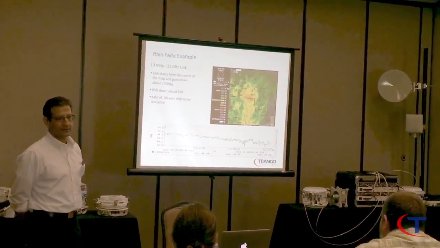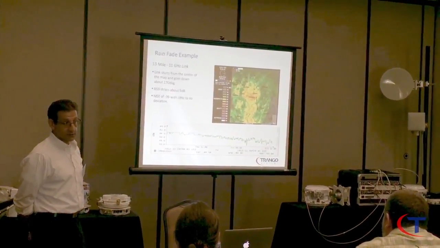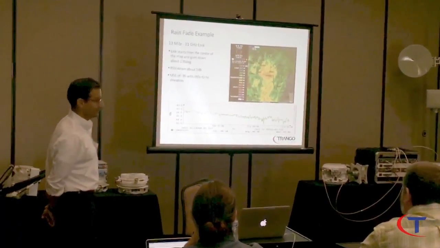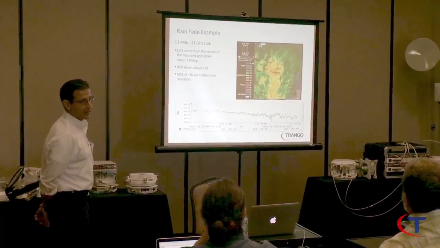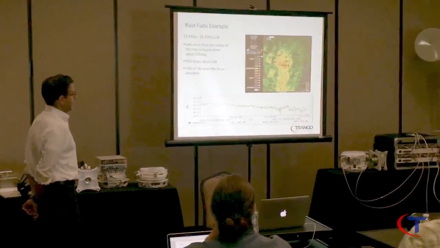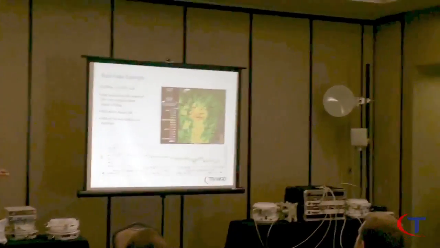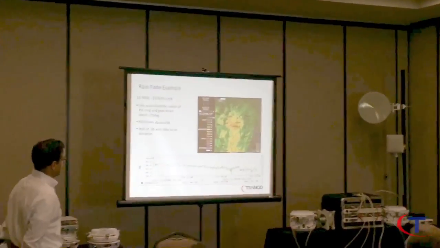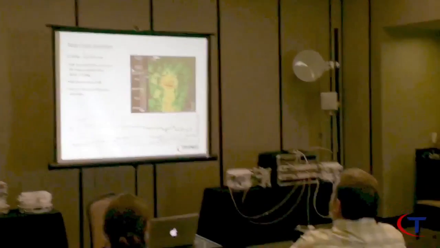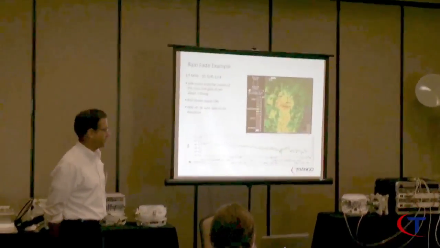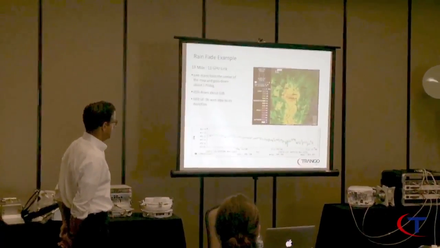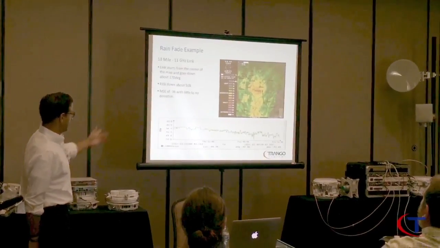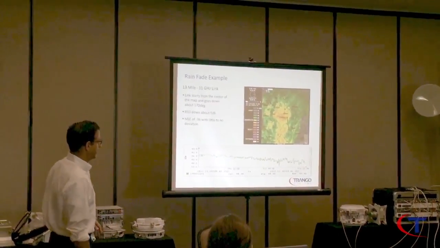Probably would not cause the link, if it was engineered correctly, to even stutter. It could handle this and more. And where it rate shifts, we'll see later in a table of receive sensitivities. That's how the radio decides when it needs to rate shift down, based on RSL and what's known as MSE, mean squared error.